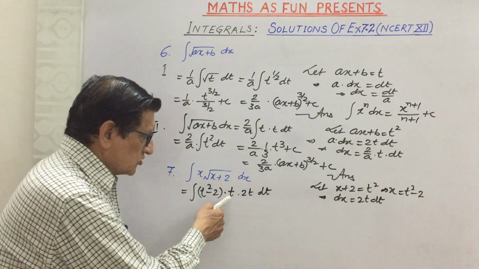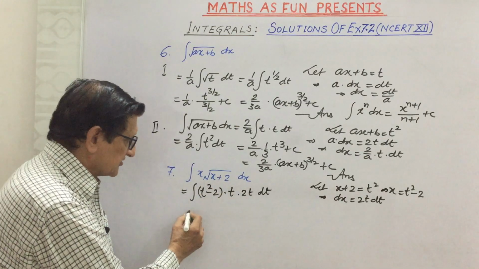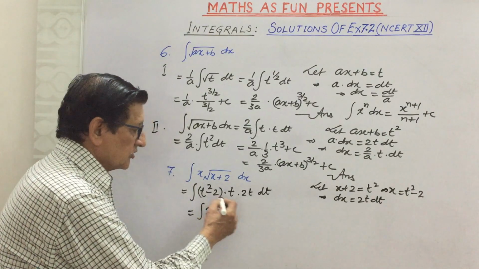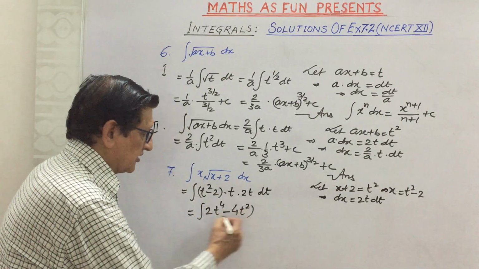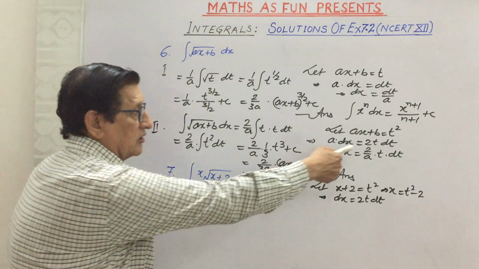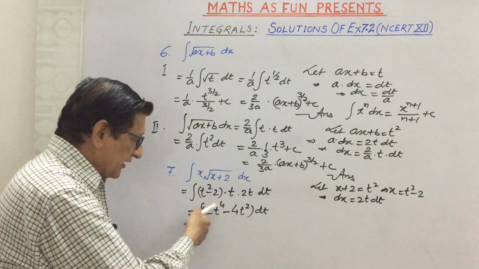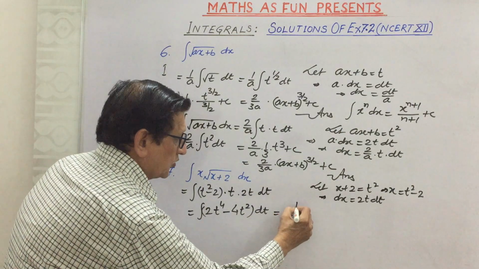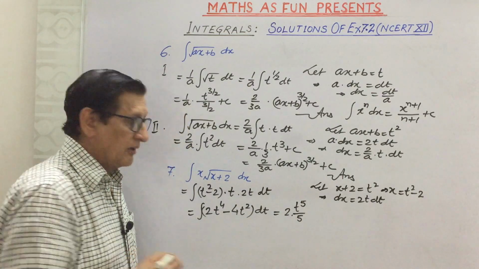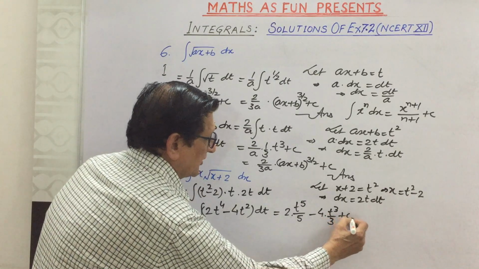This is 2 into t, that is 2t square. If we multiply inside, we are getting 2t to the power 4 minus 2 into 2, 4t square dt. And now, according to this particular rule, x power n, we will be getting the integral of this as 2 into t to the power 5 upon 5 minus 4 into t cube upon 3 plus c.